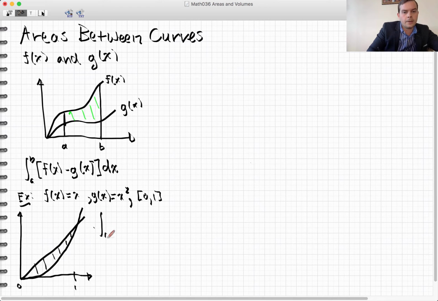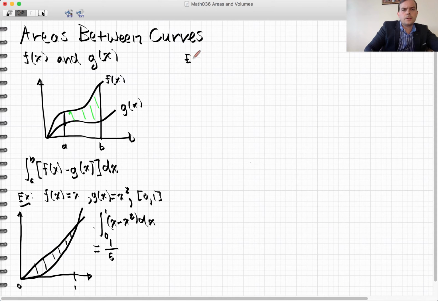And therefore we could write integral from 0 to 1 of x minus x squared dx. And we remembered that this integral was ultimately equal to 1/6, because we'd get a 1/2 minus a 1/3 eventually.